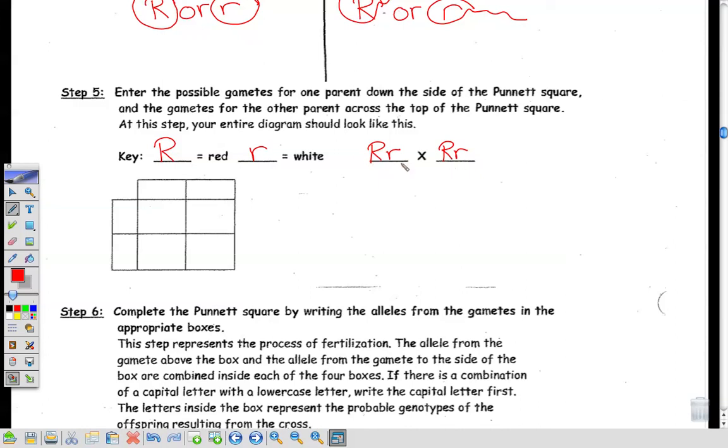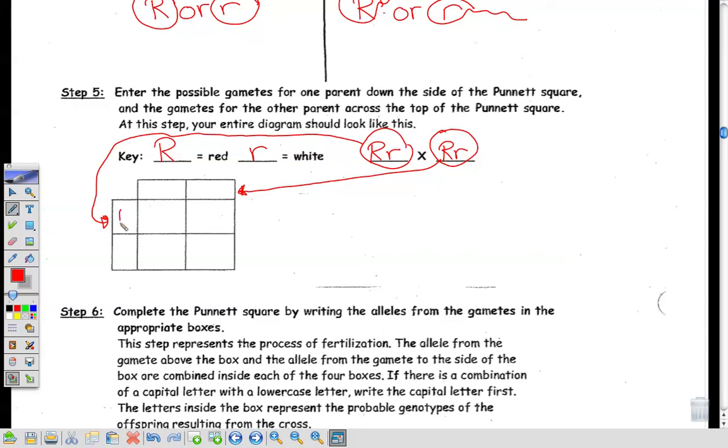I apologize. So I think it's easier just to always draw the first parent that you write on the left-hand side and put the second parent on the top, just so that you're always clear about what's going on.